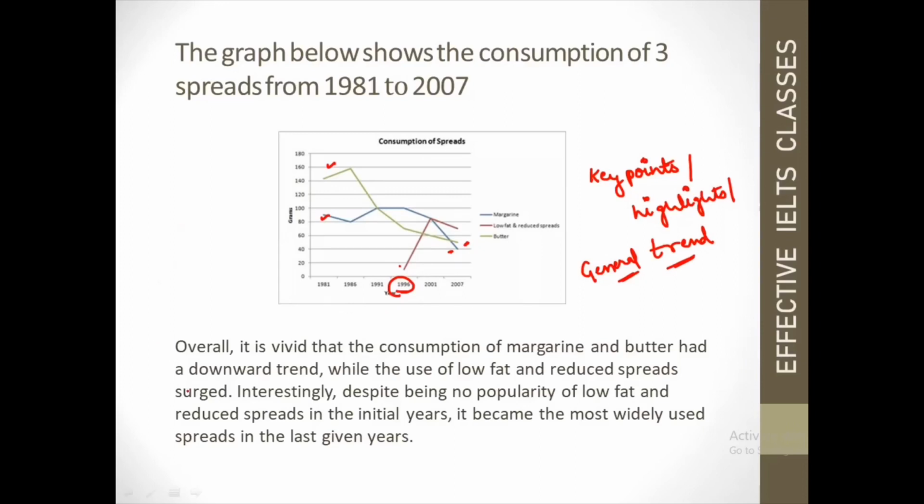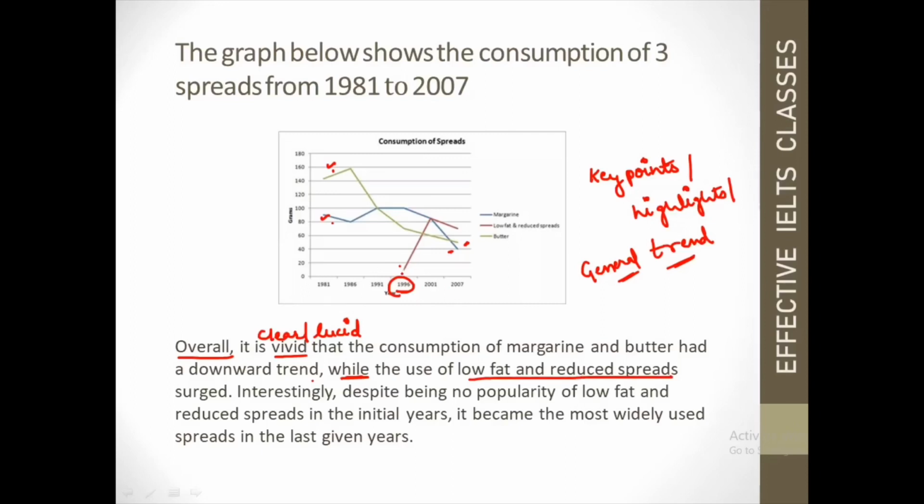Always start your overall with this keyword, overall. Overall, it is vivid that, and in place of vivid you can also use clear, lucid. Overall, it is lucid that the consumption of margarine and butter had a downward trend while the use of low fat and reduced spreads surged.